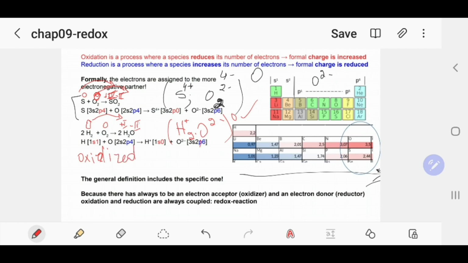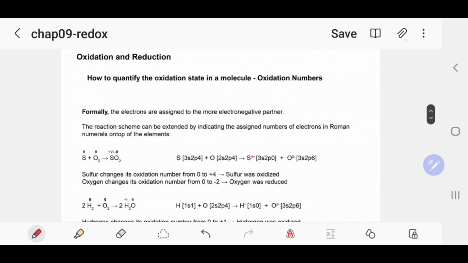And from 0 to -2, the charge is reduced, oxygen is reduced. We have a redox happening here where the oxygen undergoes a reduction and the hydrogen undergoes an oxidation.